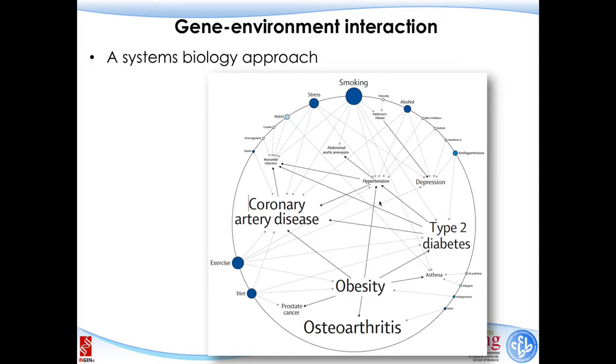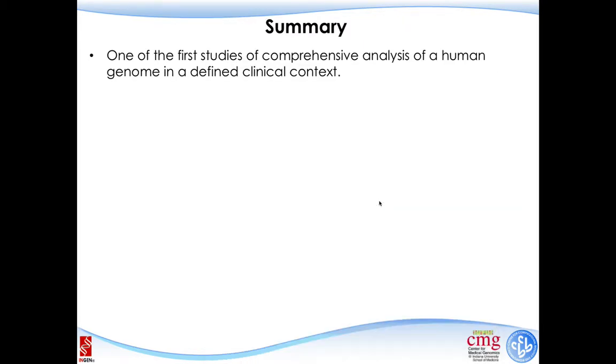If you have type 2 diabetes and obesity, the chance you get coronary artery disease will probably be higher as well. Smoking is contributing to a lot of this. They call it a systems biology approach to study the disease risks, but this is not too much associated with this one particular individual.